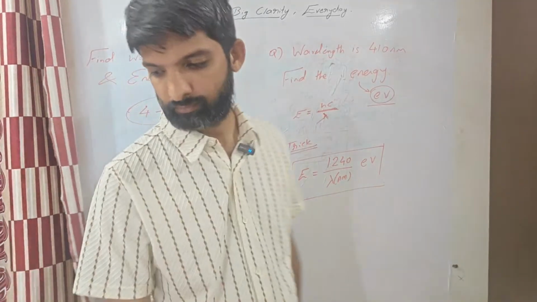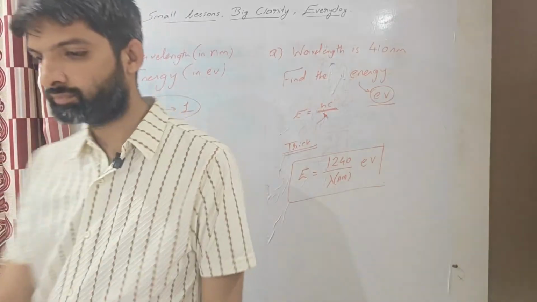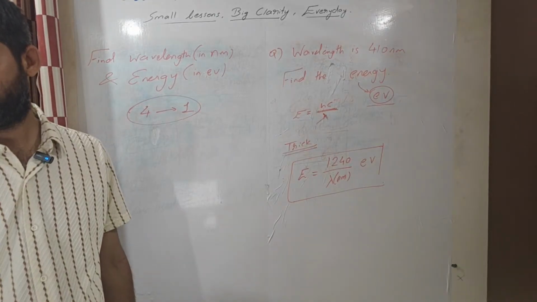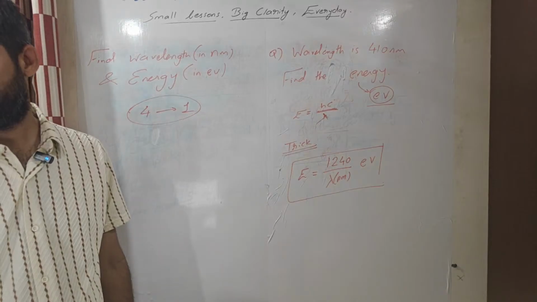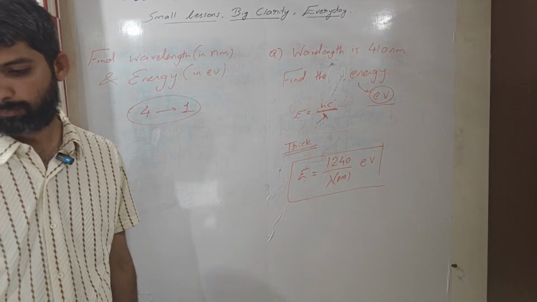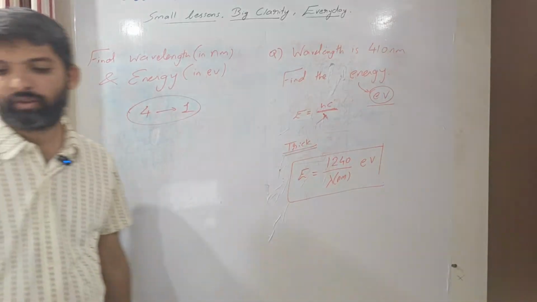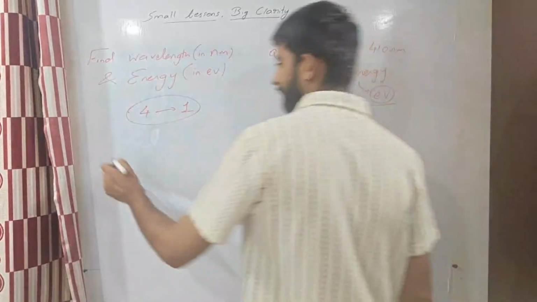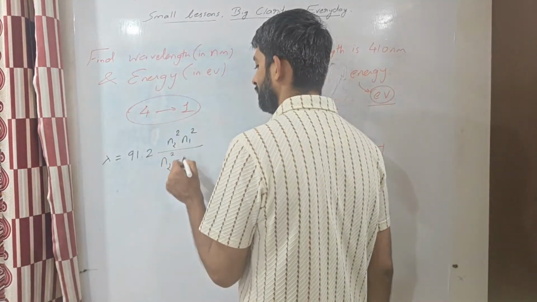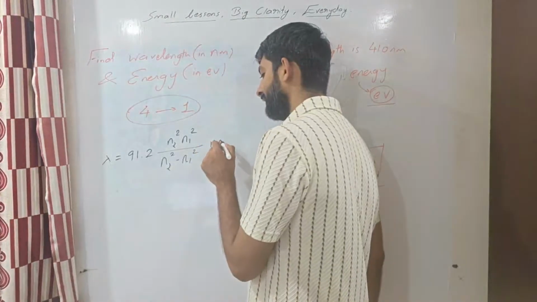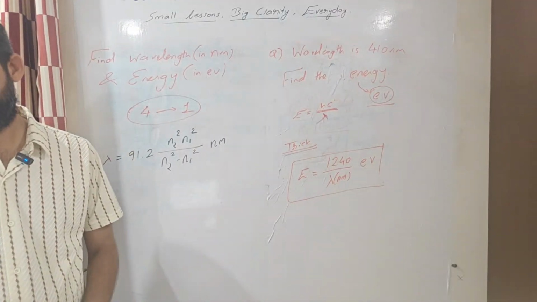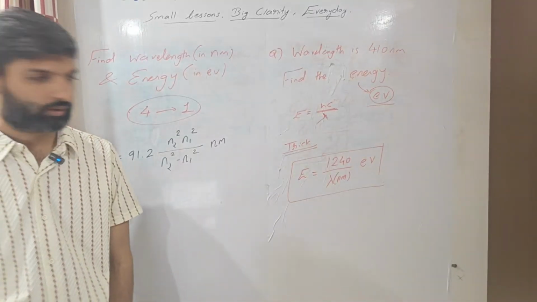Try to solve it. 97 nanometer, that is the right answer. For wavelength, you can use 91.2 n1 square n2 square upon n2 square minus n1 square. You will directly get the answer in terms of nanometer. 13 eV, approx 13 eV, that is also a correct one.